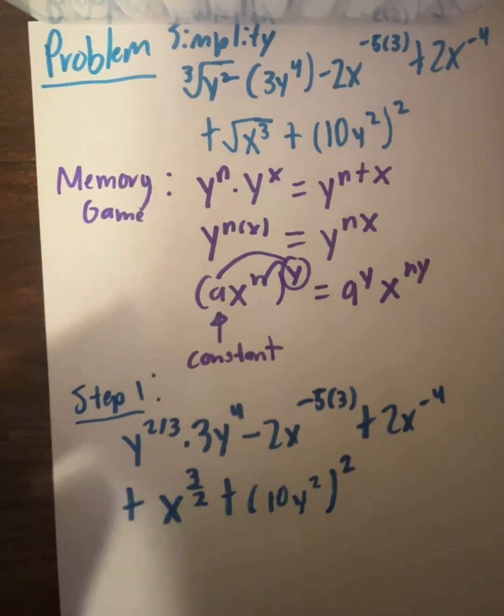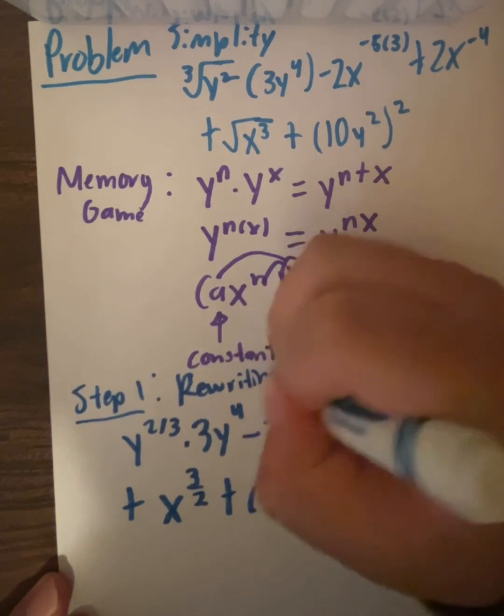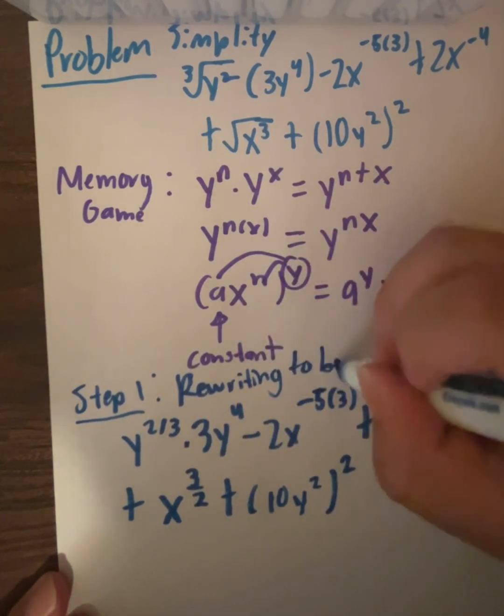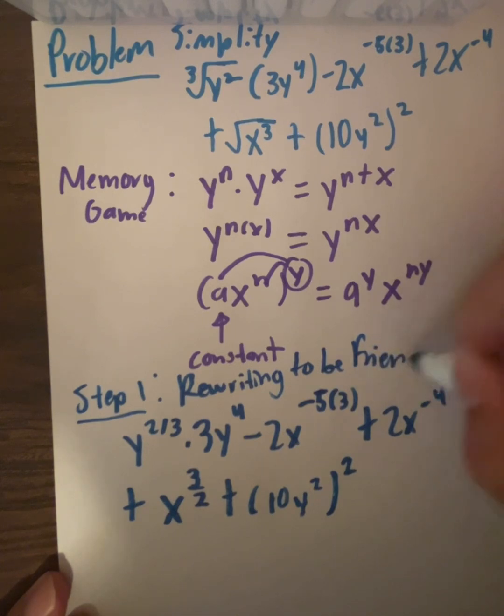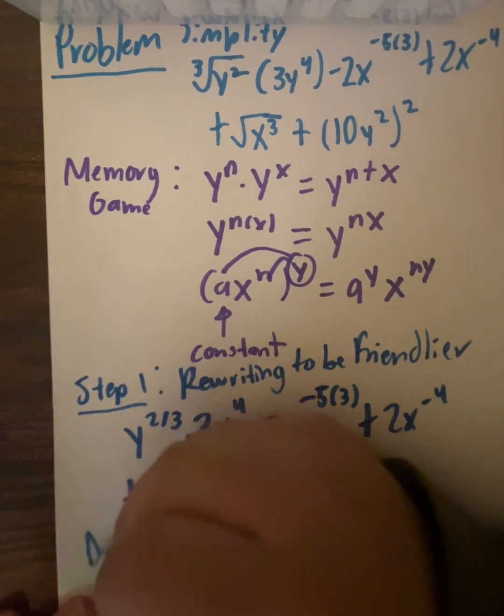This is our first step, just rewriting to be friendlier. Rewrite. And so we can use our memory game knowledge to make this a bit friendlier.